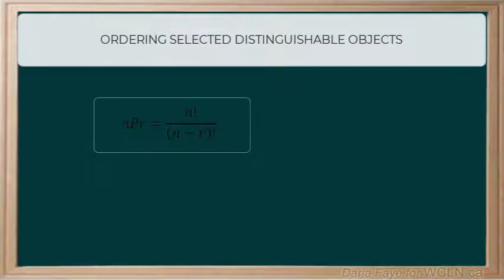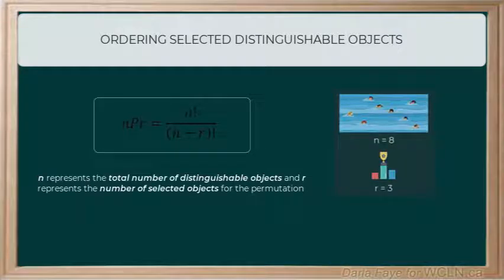In our examples today, we're going to learn to use this equation. Now, this I read as nPr, where n stands for the total number of distinguishable objects, and r is the number of objects that I'm going to select for the permutation.